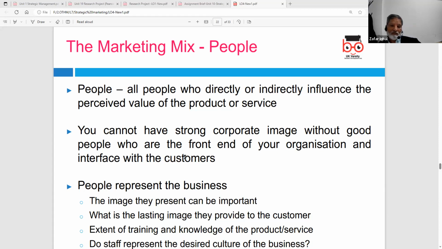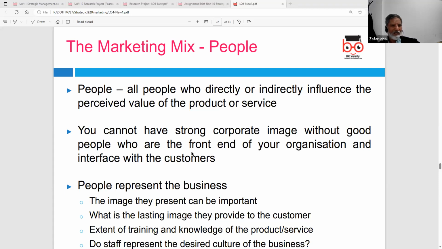Therefore, it's very important that people at the front end of your organization who interface with customers give you a strong corporate image. Without good people, without a good image, you can't succeed.